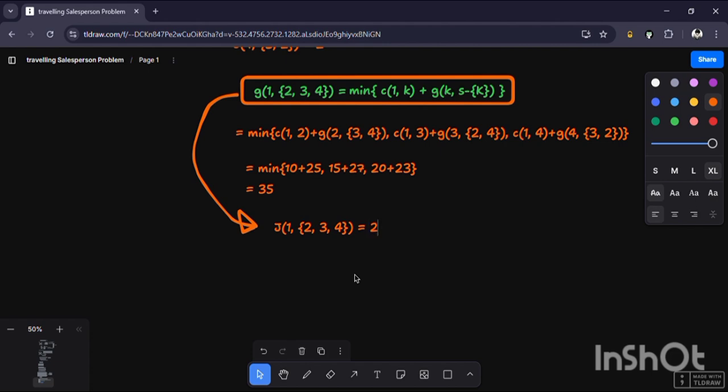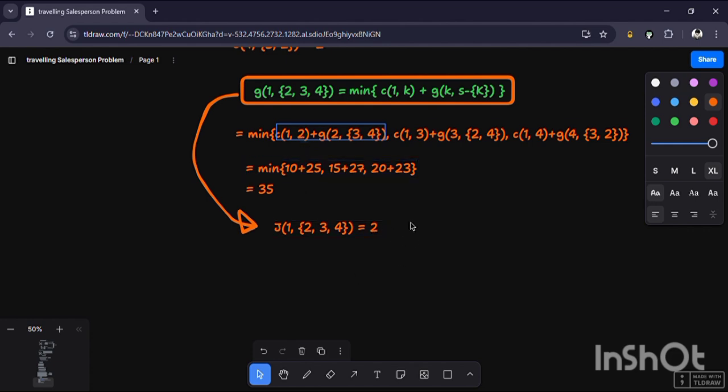Why 2? Because you can see here that this minimum value came from this one, 10 plus 25, and this 10 plus 25 came from this term, this path. And in this path, what was the value of k? The value of k was 2, right? That's why this is 2.